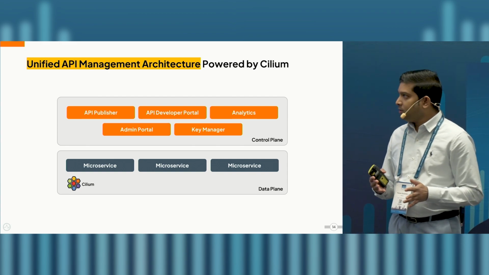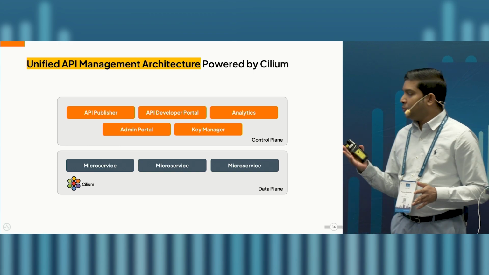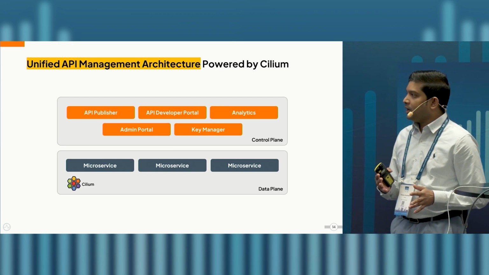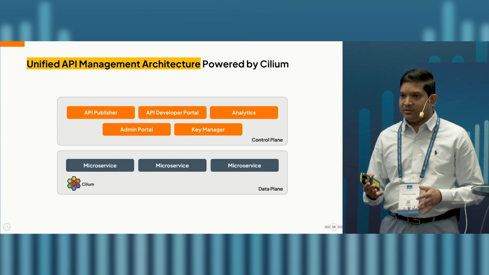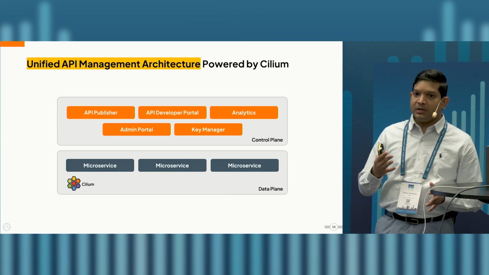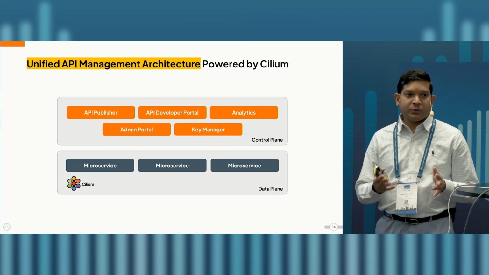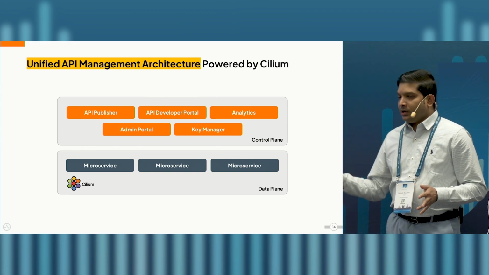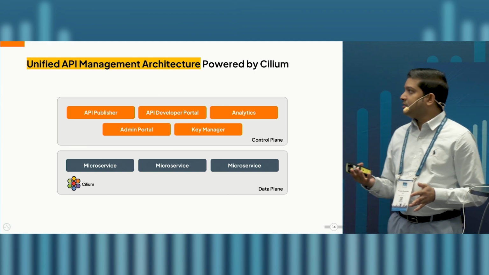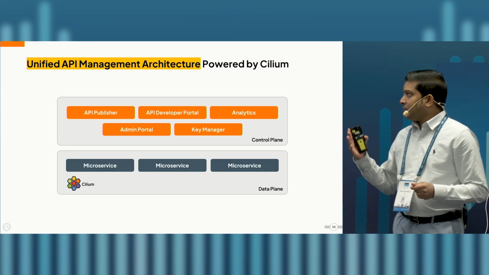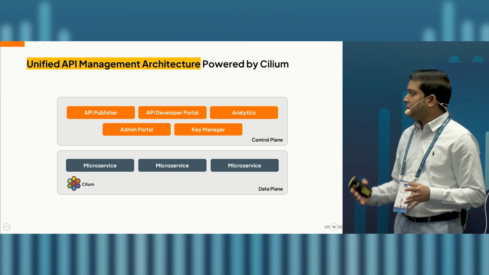Now if we look at the API management architecture with Cilium, this is how it looks. We have the control plane and the data plane. The data plane is where you have all your microservices and data services running on a Cilium powered Kubernetes cluster. On the other hand, you have the control plane, where your API management portals, like key management and analytics functions, run. The control plane is responsible for sending all these control instructions to the data plane.